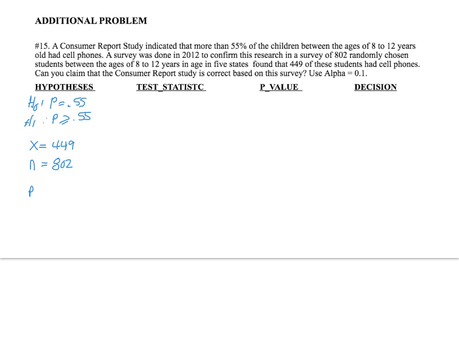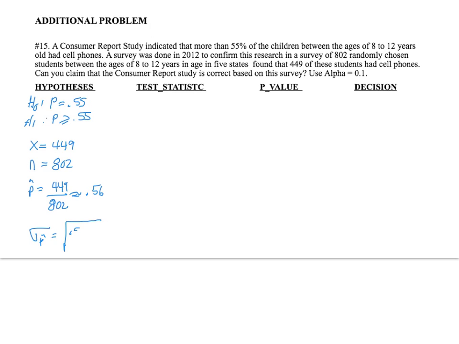We have p hat is equal to 449 divided by 802, and that's approximately equal to 0.56. So we're just going to round it to there because it's so close. And then finally, we have the standard error, which we need in our calculations.